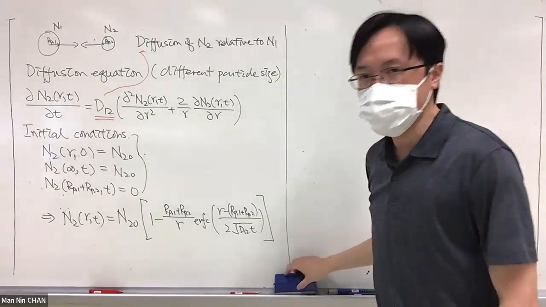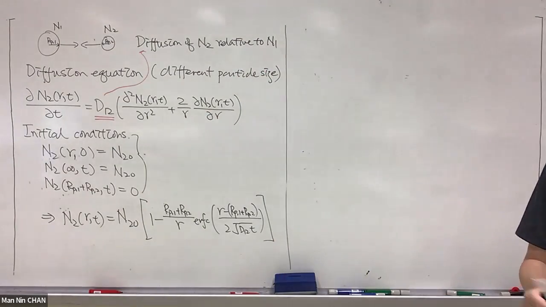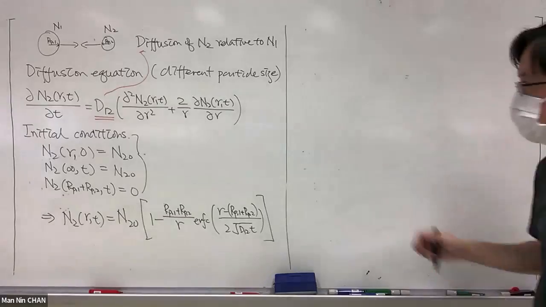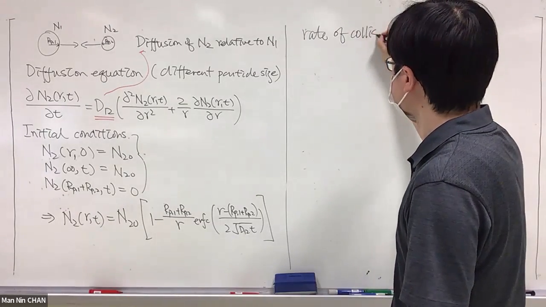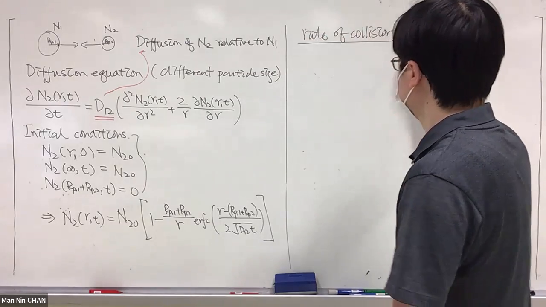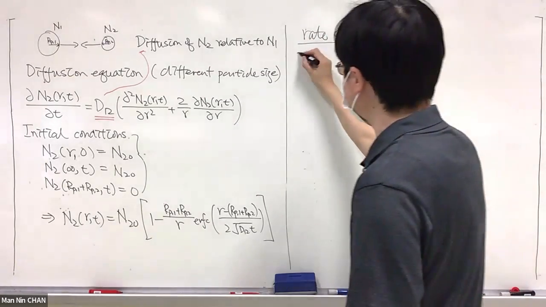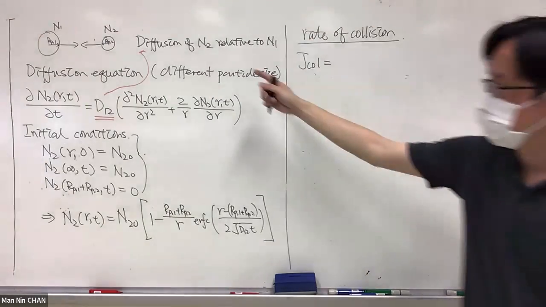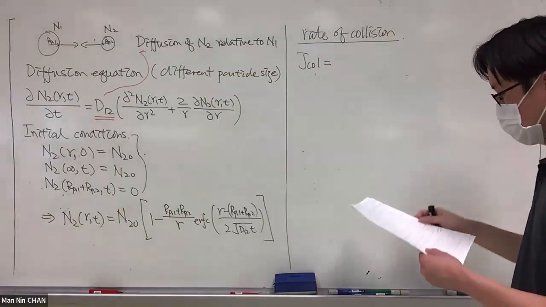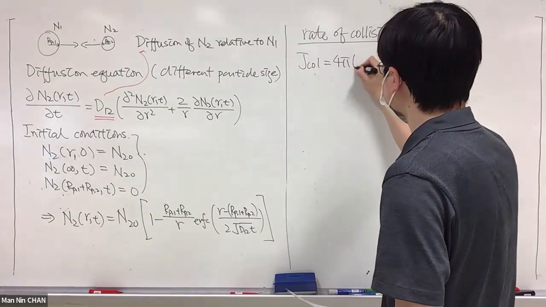Again, we are interested in the rate of the collision, so you can just calculate the rate of collision. Basically, you get the same results, but the only difference is some parameter changing, because we are looking at different size.